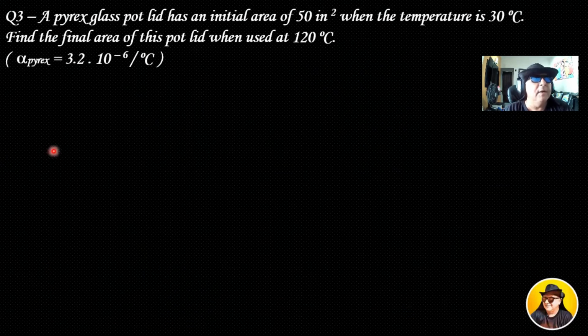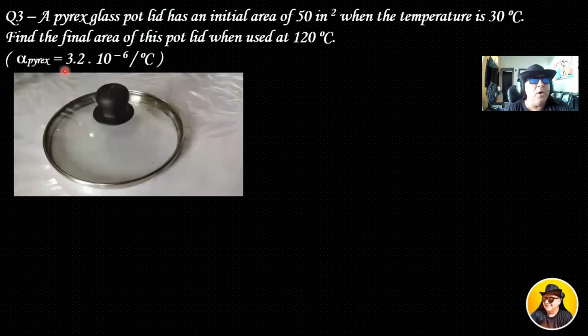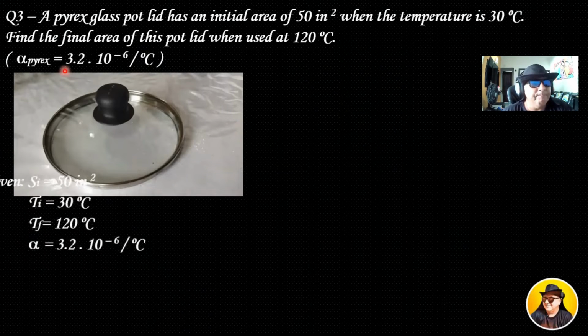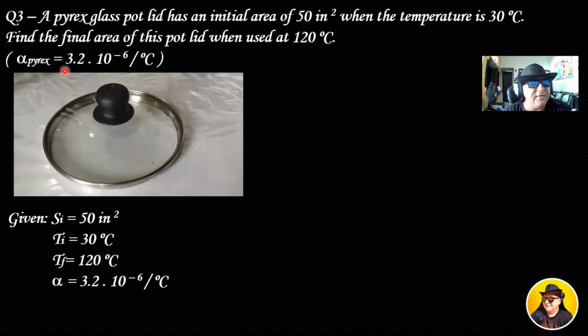What was given? Alpha of the Pyrex is 3.2 times 10 to minus 6 over degrees Celsius. Here we have an illustrative picture. What was given? S I, T I, T F, and alpha. What is required? The final surface is required, so S F.